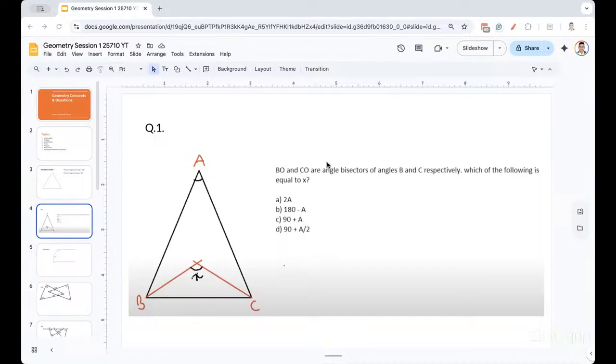If you are able to solve this, please type your answer in the chat box.